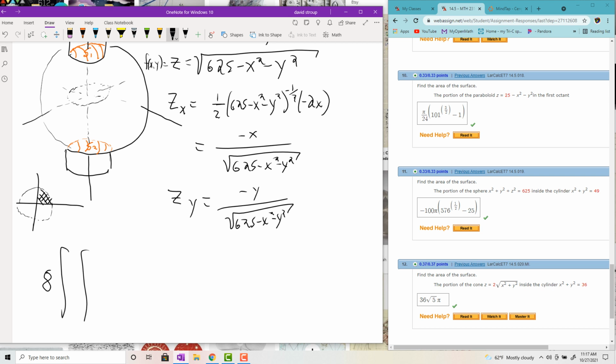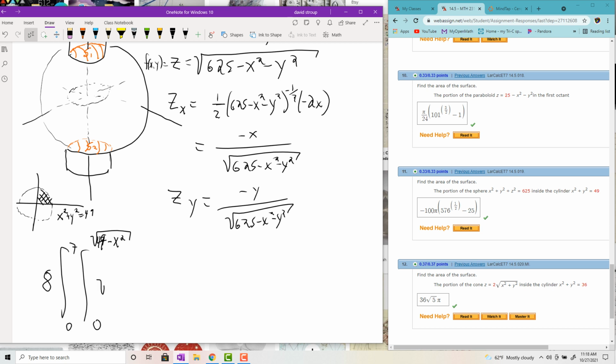So 8, I'm going from y equals 0 to y equals the square root of 49 minus x squared. That formula just comes from the circle formula, x squared plus y squared is 49. And then I'm going from 0 to 7 on the x-axis.